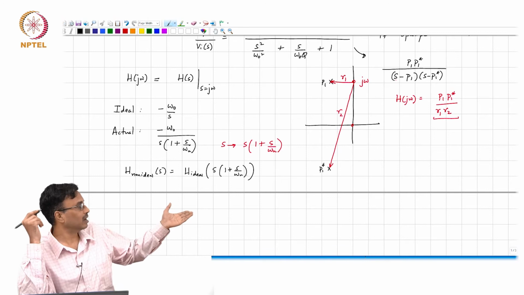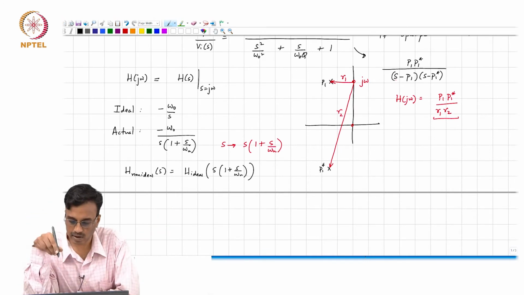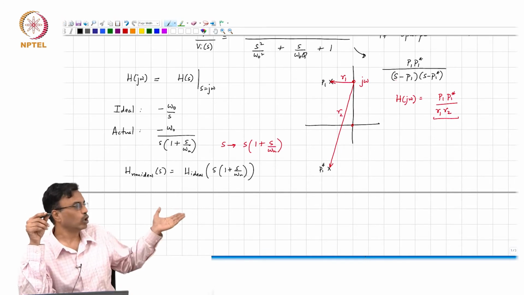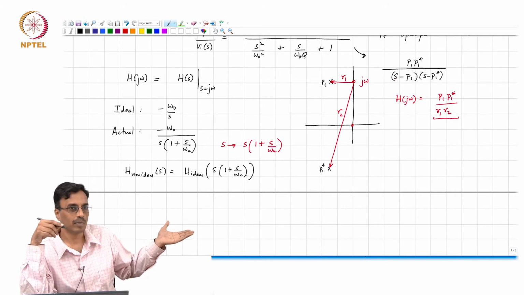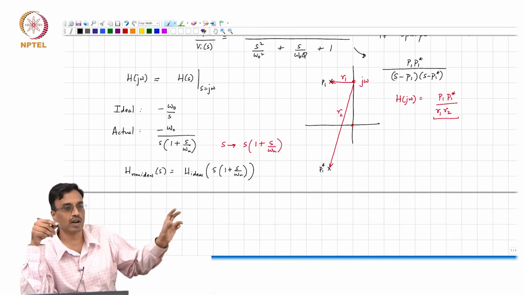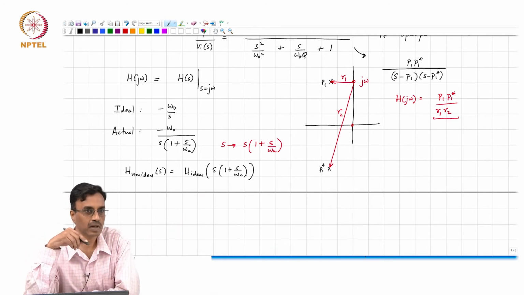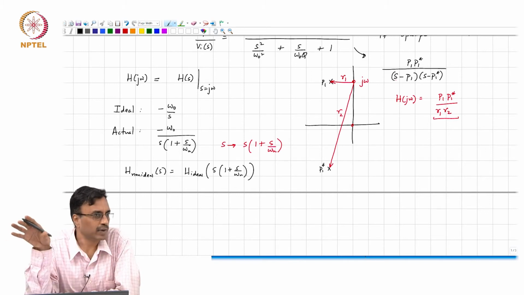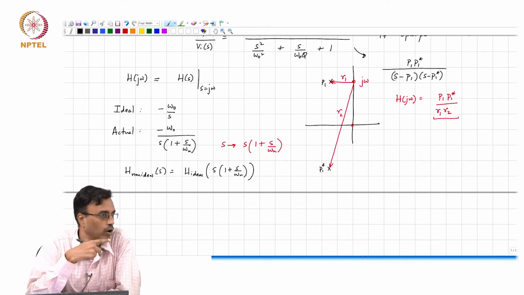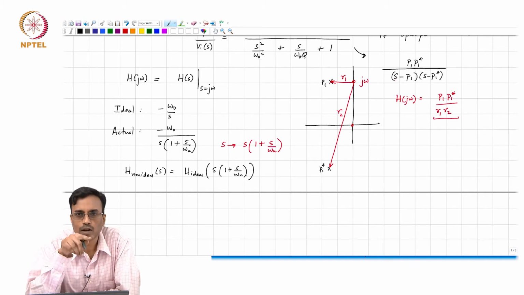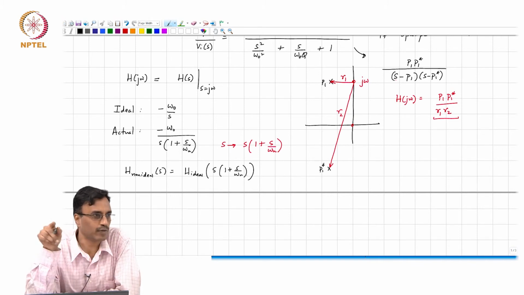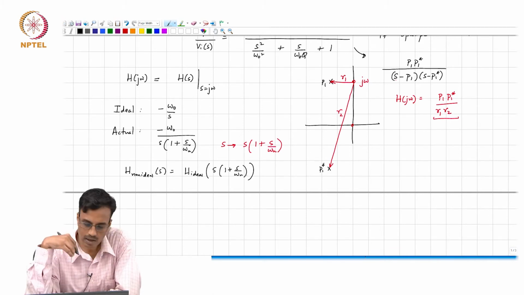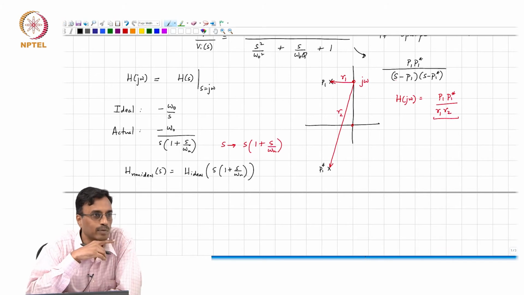And while we are talking about a biquad, this also applies to any higher order filter, because if every integrator is modified according to this relationship, then the non-ideal transfer function is simply the ideal transfer function with S replaced by S times 1 plus S over omega u, right.